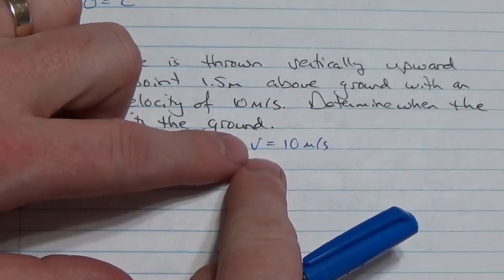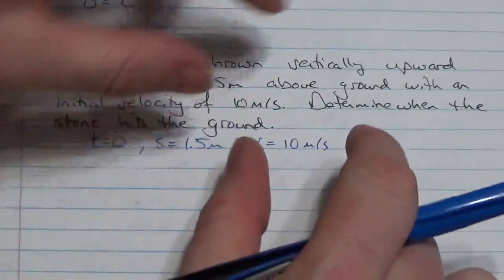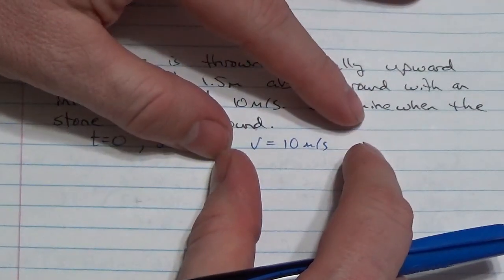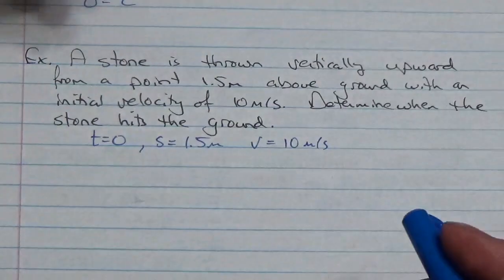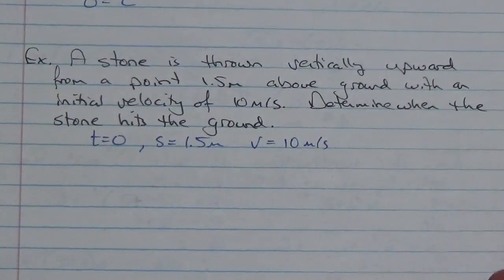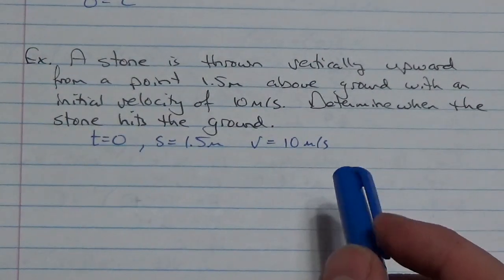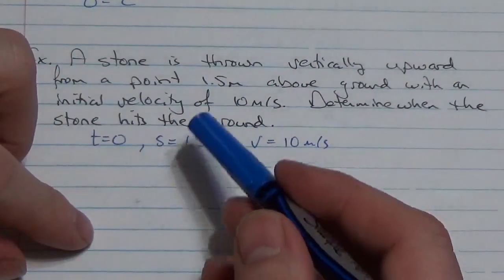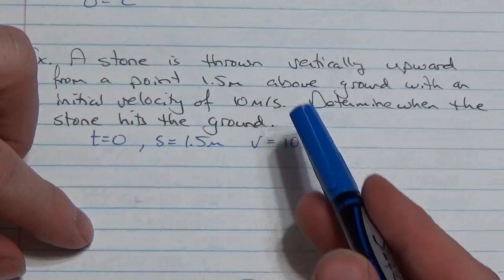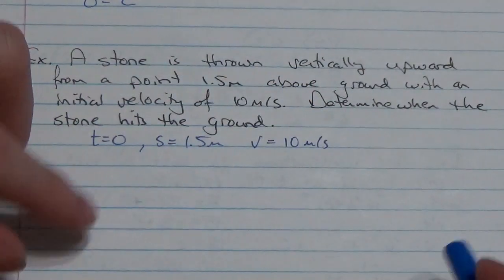If you were to find the antiderivative of just this expression right here, you'd get 10t. That would indicate that its velocity is just increasing every second, and that's not what you experience. When you throw a rock in the air, it goes up, slows down, and then speeds up again and comes down and hits the ground.